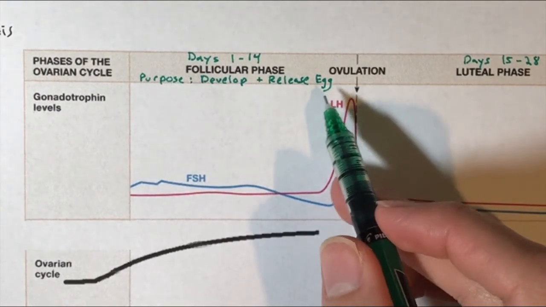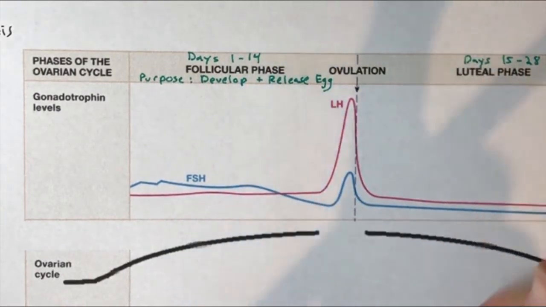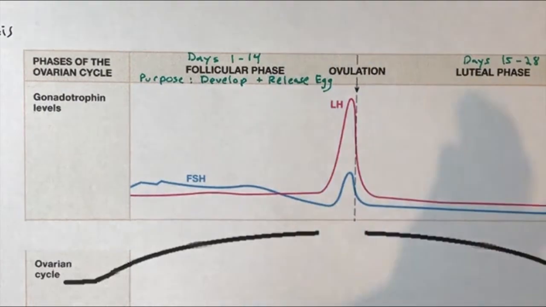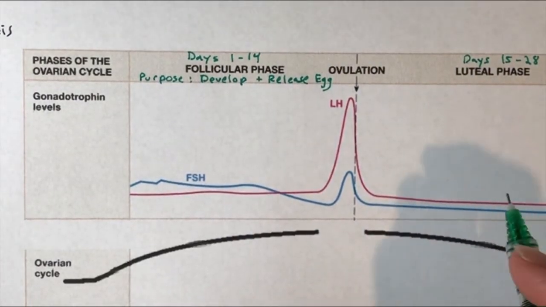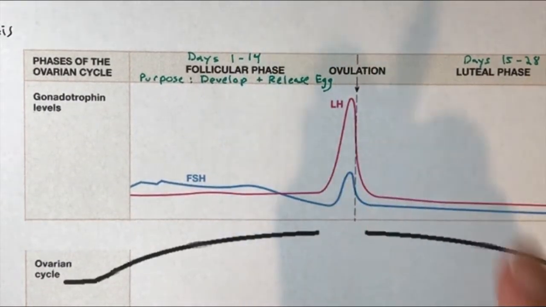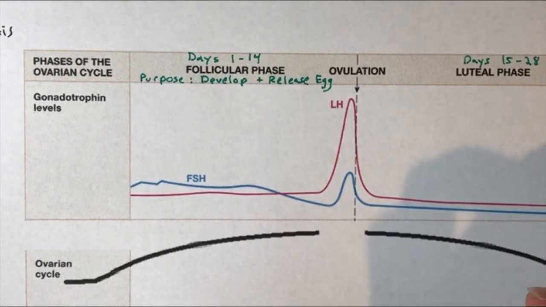Sometimes it's more than one, but for this worksheet, we're going to pretend that just one egg is being released, which is the average amount of eggs released during each menstrual cycle.